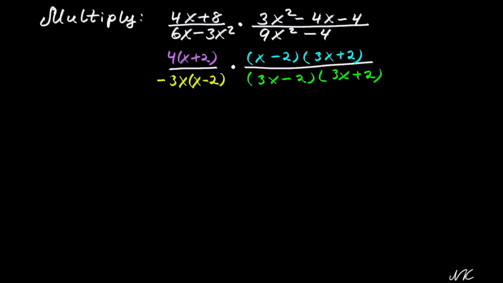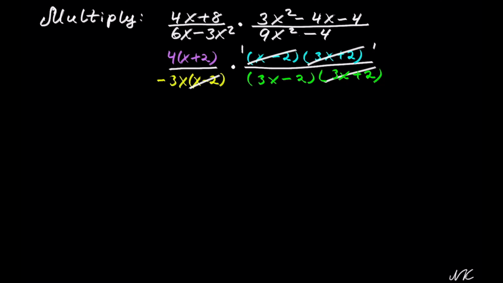So right away we can see we have 3x plus 2 in the numerator and 3x plus 2 in the denominator. So 3x plus 2 out of 3x plus 2 cancels into 1. We also have x minus 2 in the numerator that can be evenly divided by x minus 2 in the denominator. So this pair of factors cancels into 1. X minus 2 divided by x minus 2 gives us 1. And we do not have any more common factors.